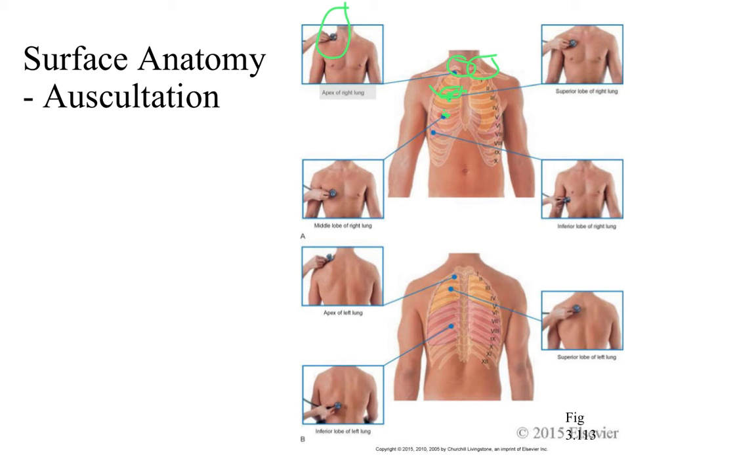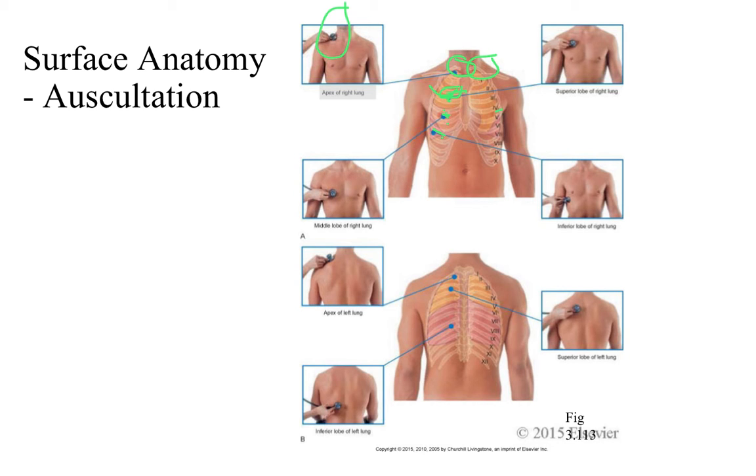Then if you go down two more intercostal spaces, it's about two intercostal spaces each time, and go a little bit lateral, you'll be able to listen to the inferior lobe of the right lung. The same thing applies to the left side, only you won't have a middle lobe. You'll still have a superior lobe there, and it's bigger than on the right side.